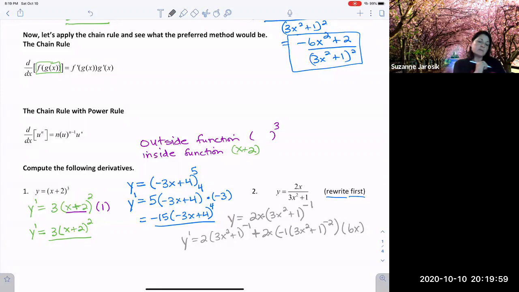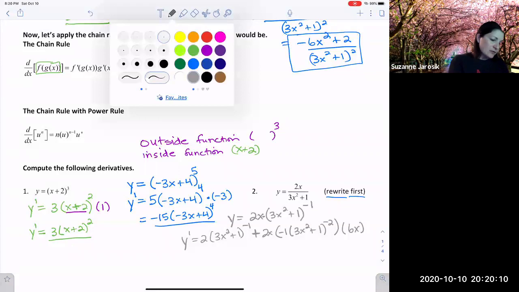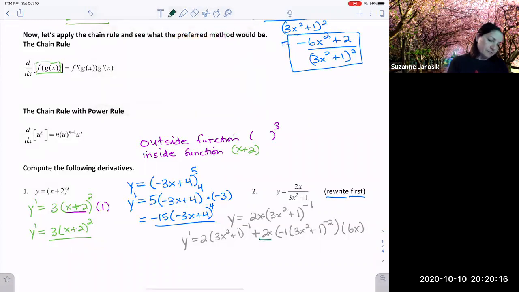Now, I'm not saying that that's terribly hard to look at, but there's some simplifying to do. It certainly doesn't look like my answer yet that I had up here. So let's put some stuff together. That would all be minus 12x squared.